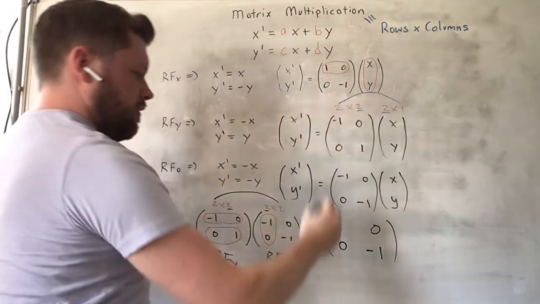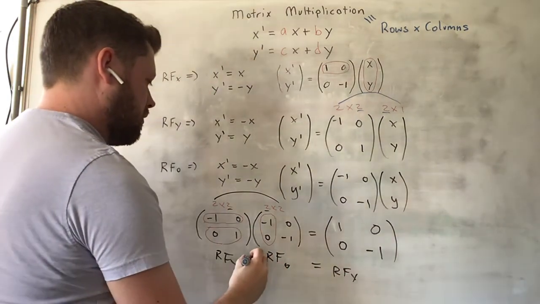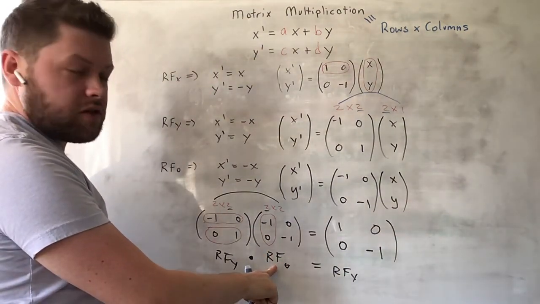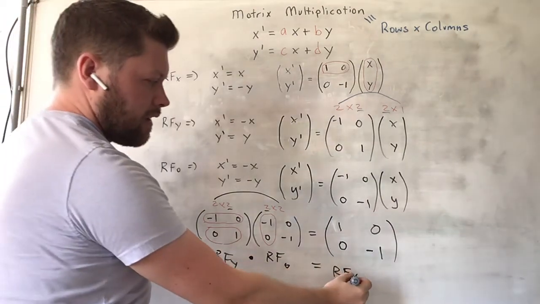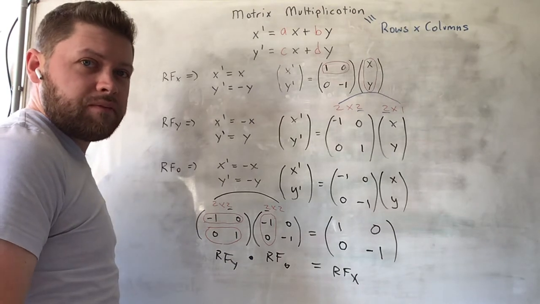So what that's telling us is that combining a reflection in the y-axis with a reflection in the origin is the same as doing a reflection in the x, which is exactly right.